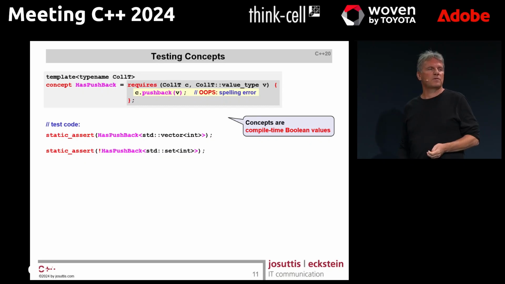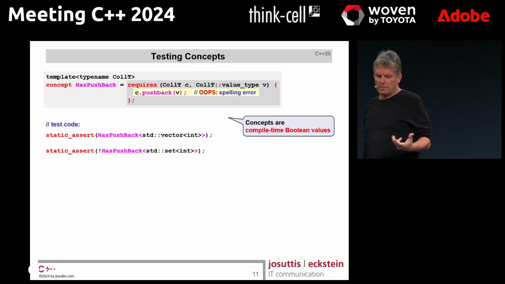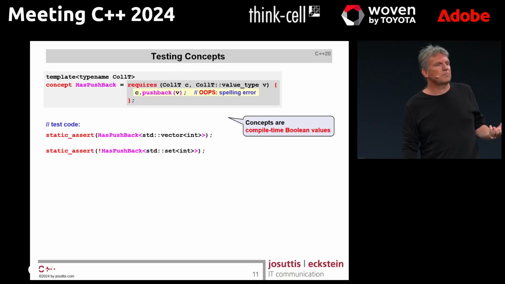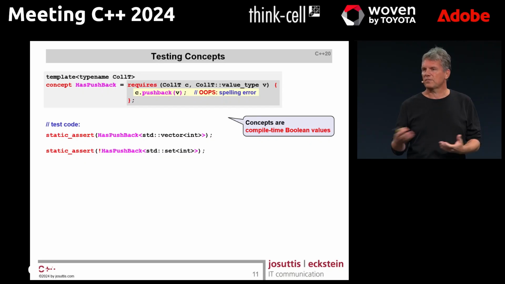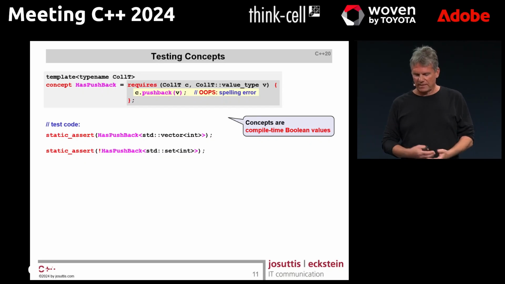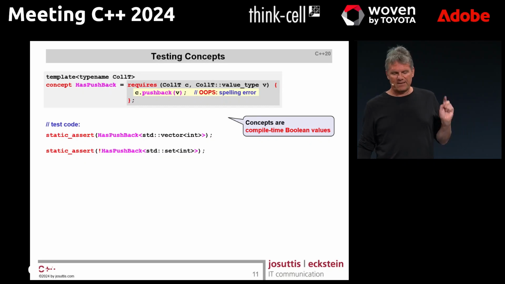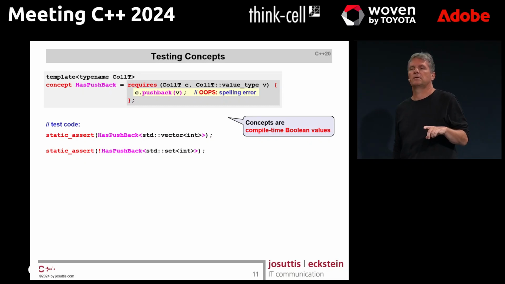So you can simply use a static_assert, because that's a way to check at compile time whether a Boolean value is true or false. So this checks and makes sure that has_pushback for a vector of int is satisfied, while has_pushback for a set of int is not satisfied because there's a not in front of has_pushback. It's that easy. Good.